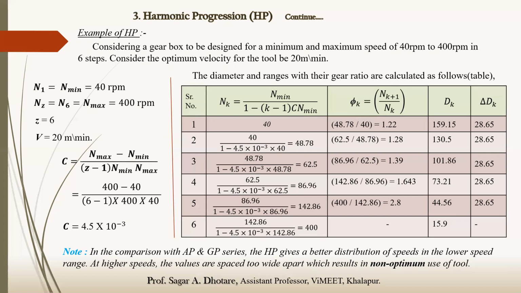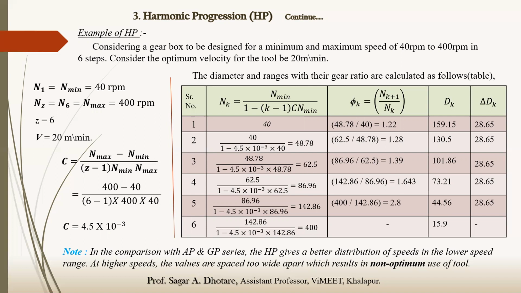Okay, now how can we calculate nk? psi k is equal to nk plus 1 divided by nk. For that we need to calculate nk first. At the first step it is 40 rpm. Now we need to calculate the next one.